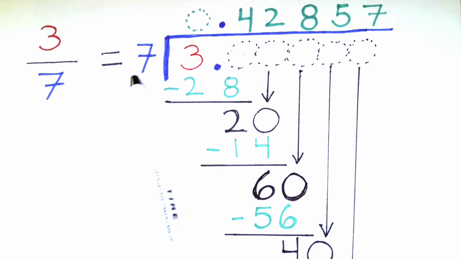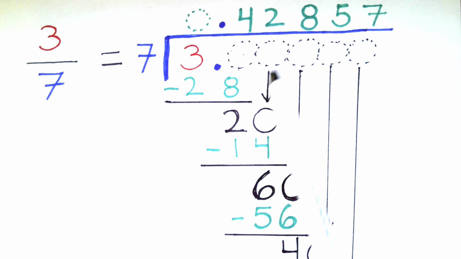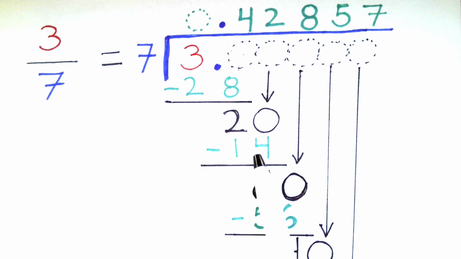What about 30? 7 times 4 gets me closest to 30. It's 28, so I'll subtract 28 from 30. That leaves me a remainder of 2. Bring down your 0. Now 20 is my new target. 7 times 2 gets me 14, closest to 20 without going over. 20 minus 14 is 6. Bring down your 0, and there's your new target of 60.